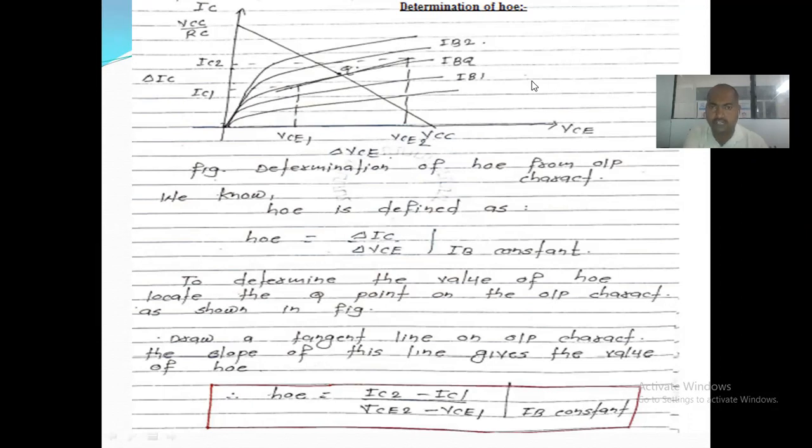So this is the HOE. HOE indicates the output admittance of the common emitter configuration. So for that purpose, the graph of the output, that is VCE versus IC, should be used, right?